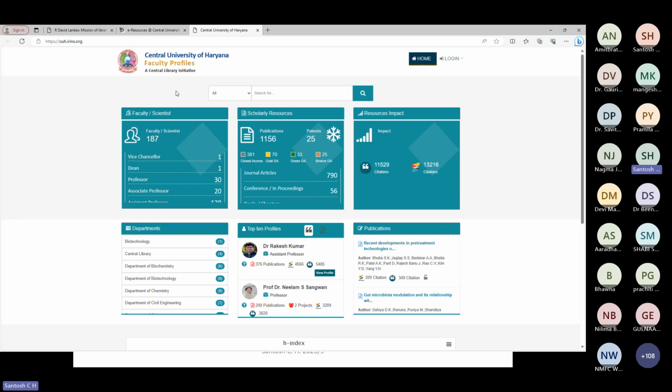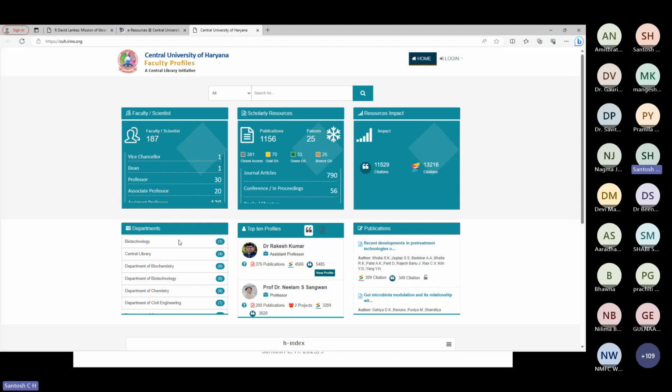So we started from the university's website. We then discussed the institutional repository. Then we are discussing this faculty profile. This is a wonderful platform created by InfluNet. I don't know whether they are giving access to colleges, but to universities certainly they are giving it free of cost. They give this template and access details.